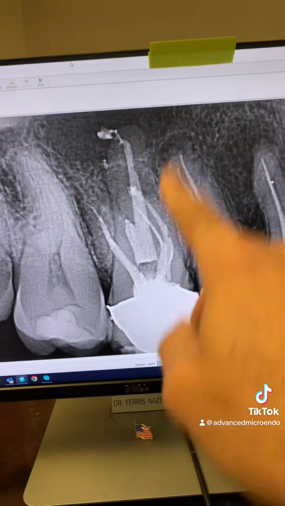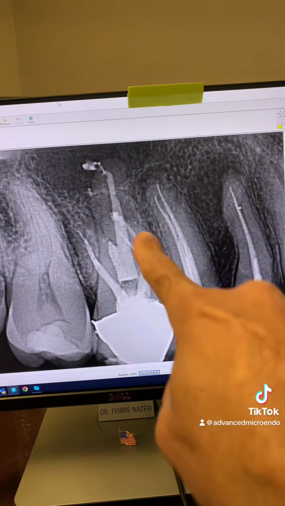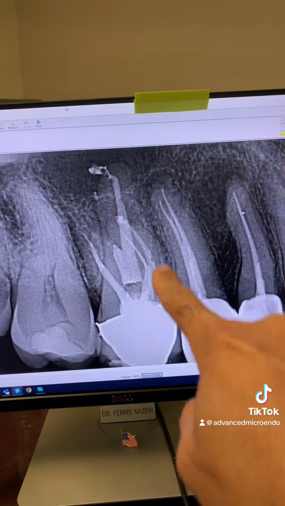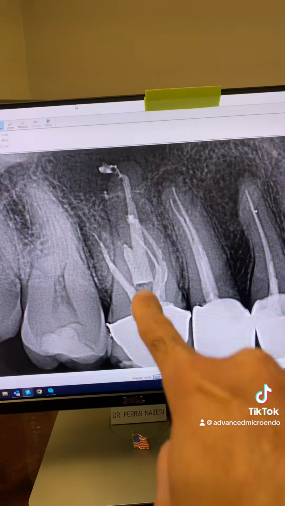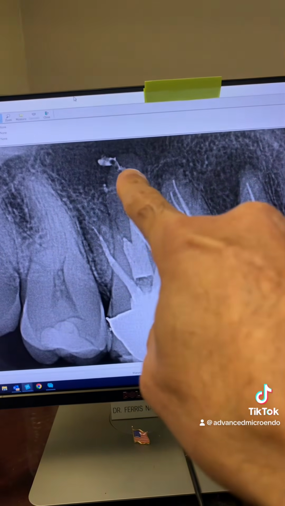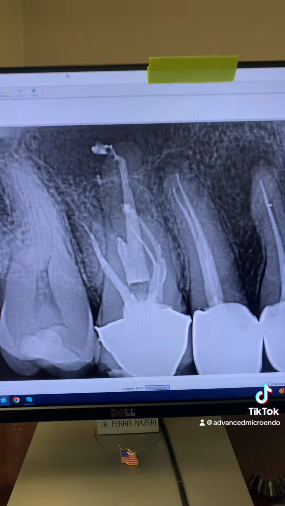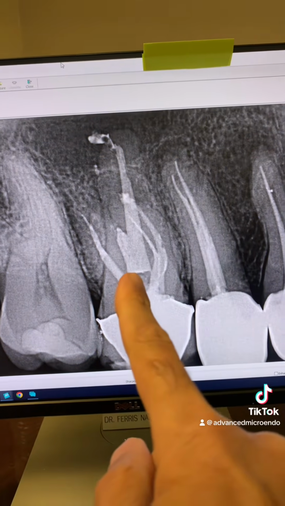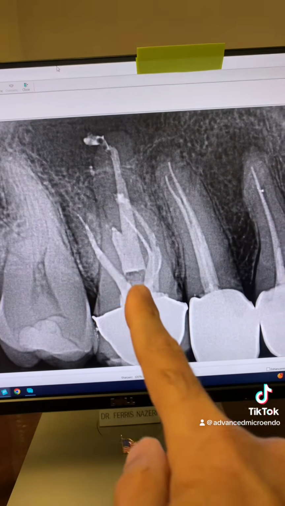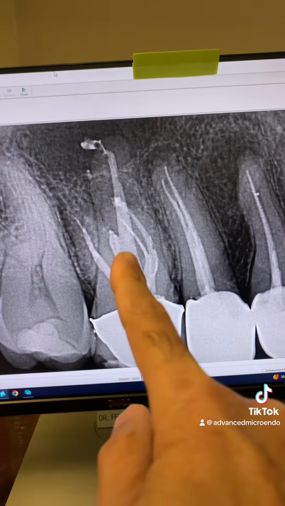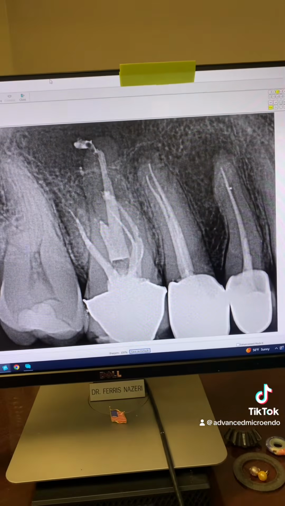So this is immediately after I redid the root canal on tooth number 3. You can see that there was a missed MB2 canal, completely separate from the MB1 canal, and we were able to regain patency in all the canals, as you can see. And that's the post space prep that I obturated with gutta percha and sealer, where you can see how close he had gotten to perforating that root.